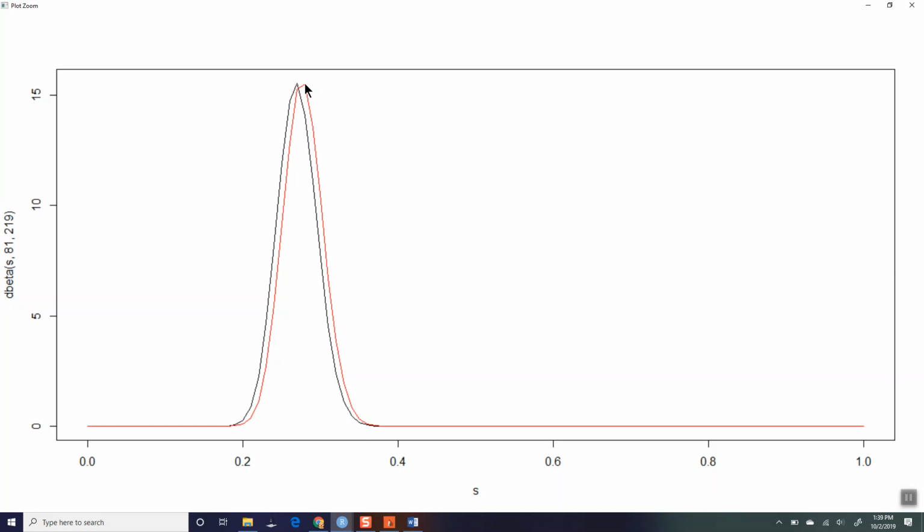And I think that makes a little bit more sense to us with our prior knowledge of baseball, knowing that it's almost impossible for someone to finish a season with a batting average higher than 0.4.